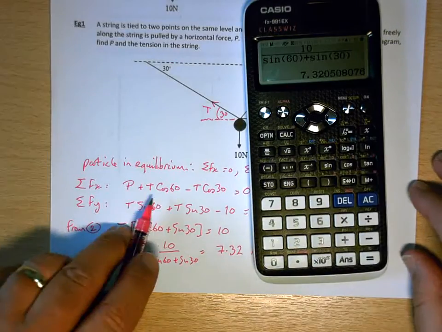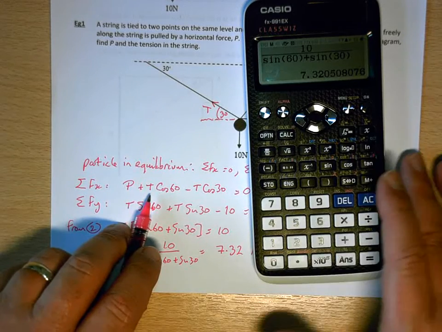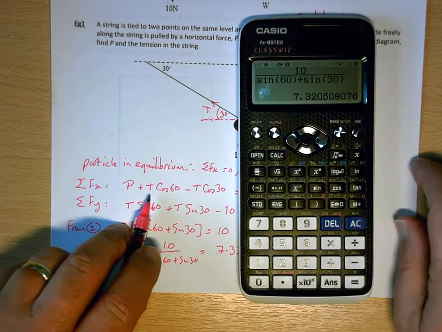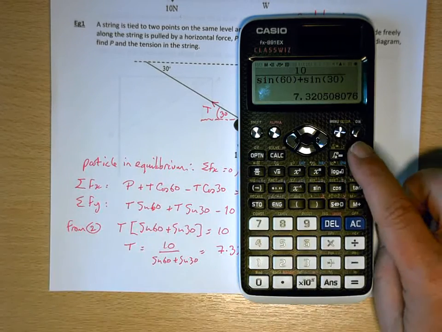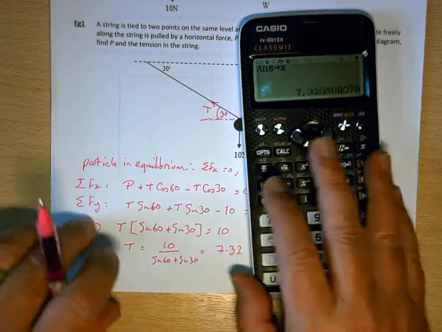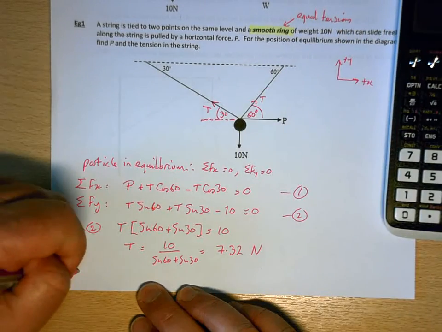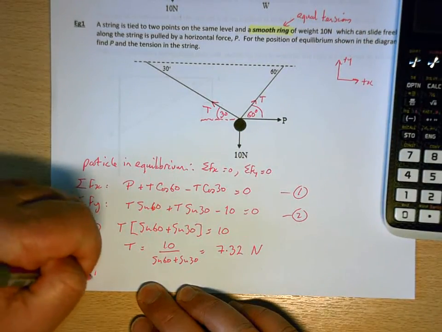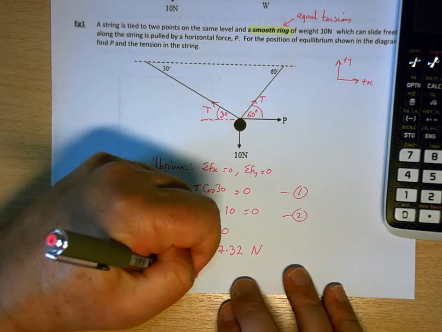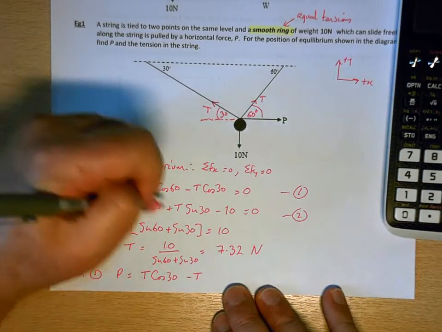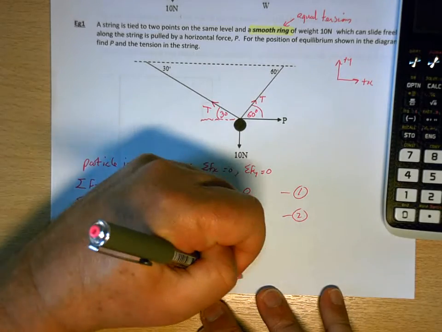Now I'm going to need T in my equation 1, so I'm going to store that in X so that I've got that stored, and then in equation 1 P will be T cos 30, that would be positive, minus T cos 60.